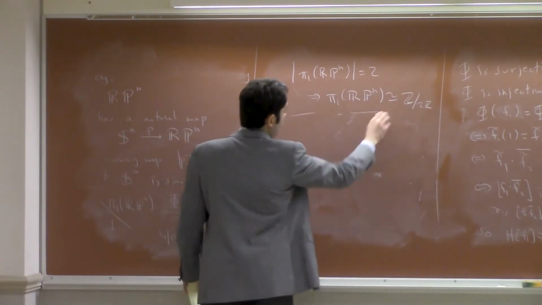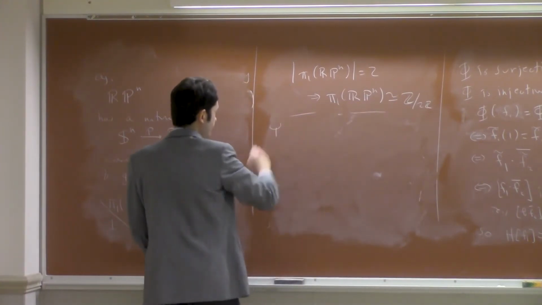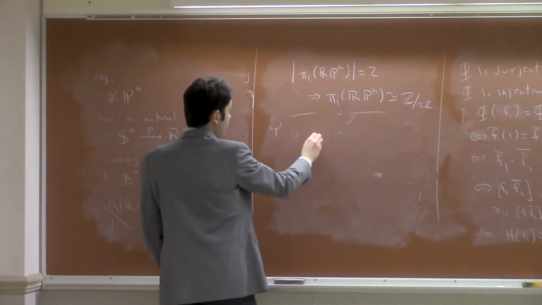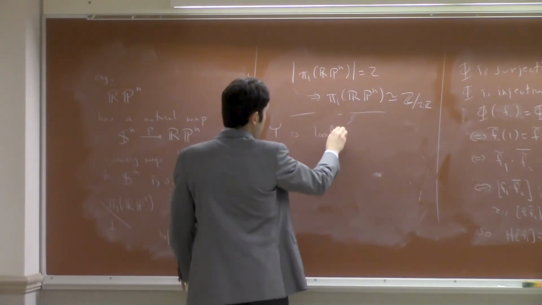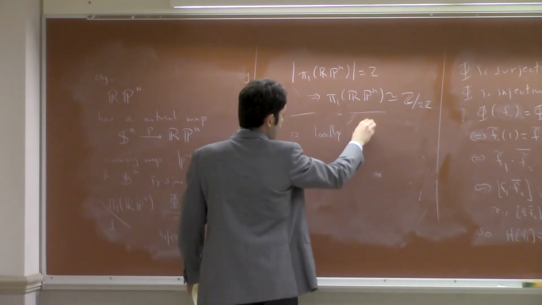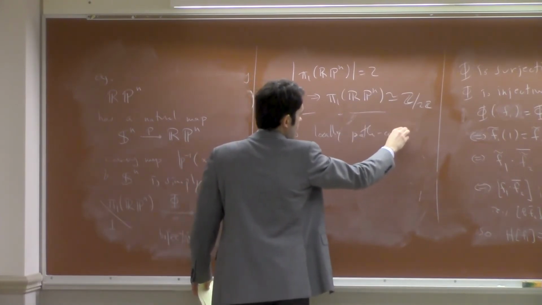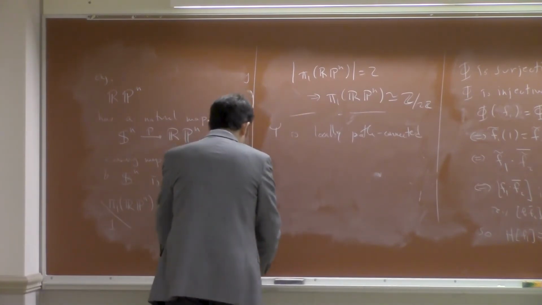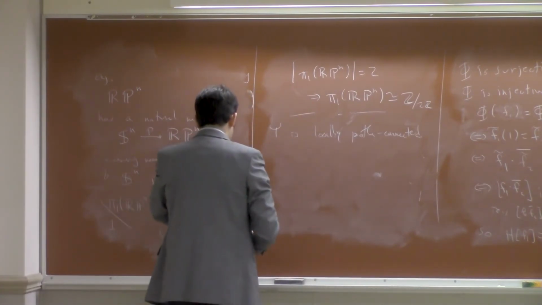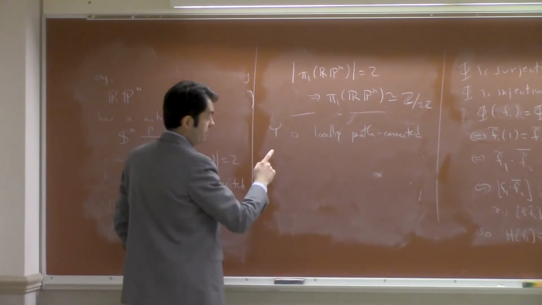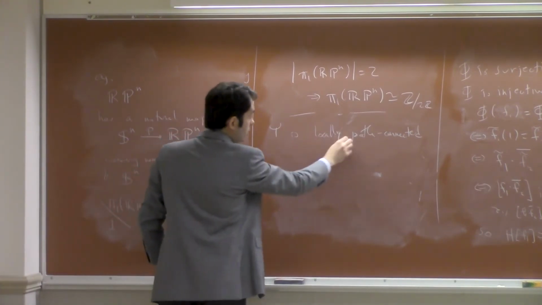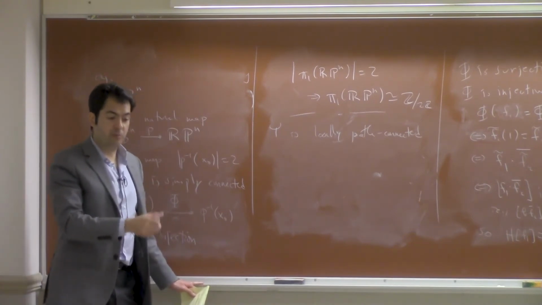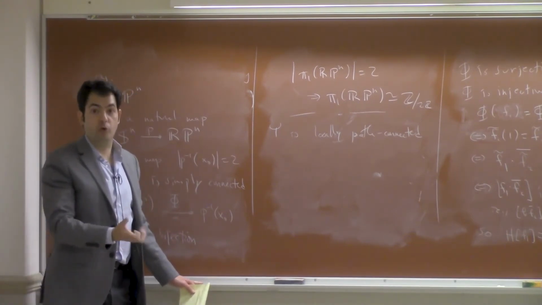Okay, so here's another case where we're interested in a local property. We're going to say that Y is locally path connected. So as I mentioned earlier, anytime you use locally, it's the same as saying that this is true for arbitrarily small neighborhoods of a point.